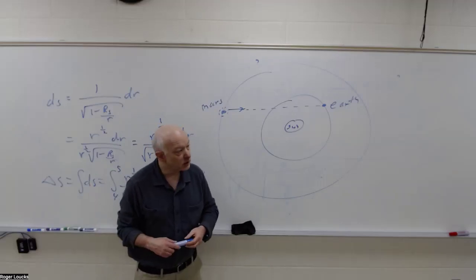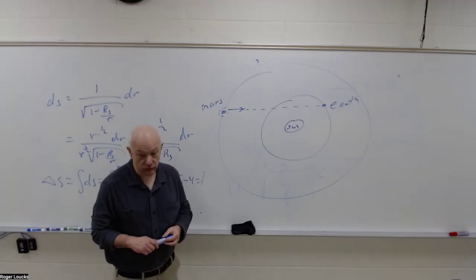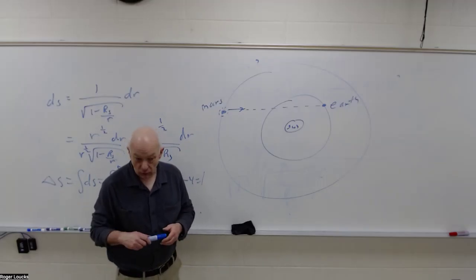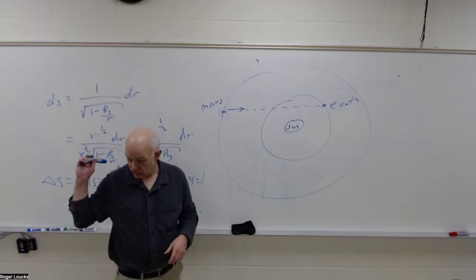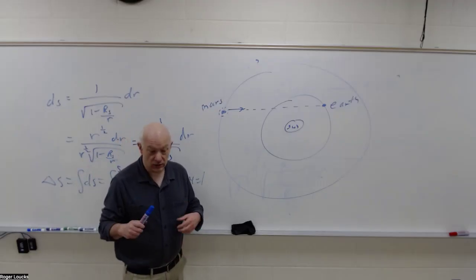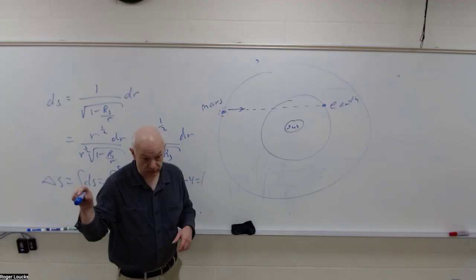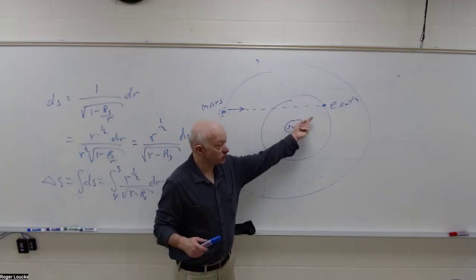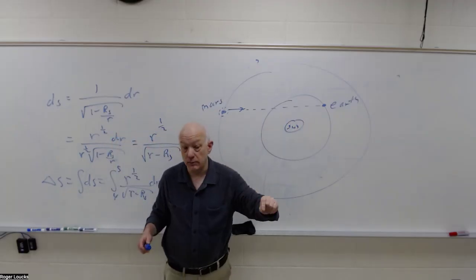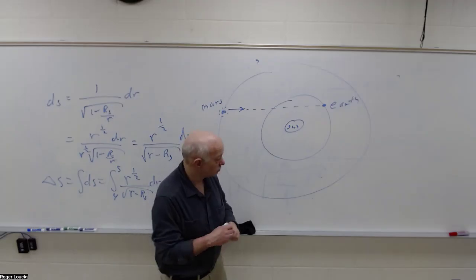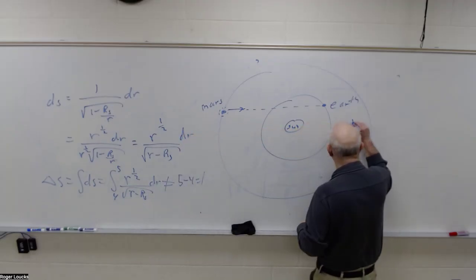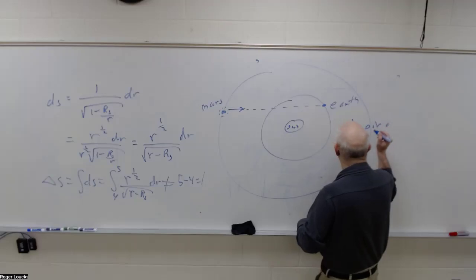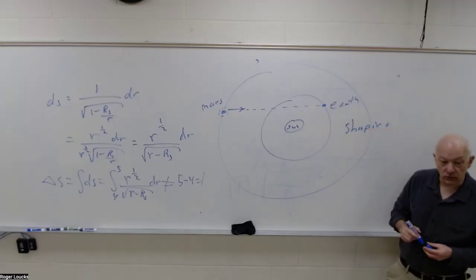And you can get some value. Now, what you can do is you can assume that relativity, meaning general relativity, is right. You can then use the Schwarzschild metric, and you can calculate the dt for this, the time it takes for this light to go there. What's going to happen in that case, because there's going to be more space in here, there's actually going to be a time delay. This was proposed as an experiment by Shapiro. And actually, it works quite well.